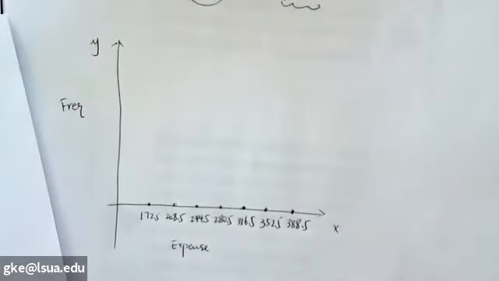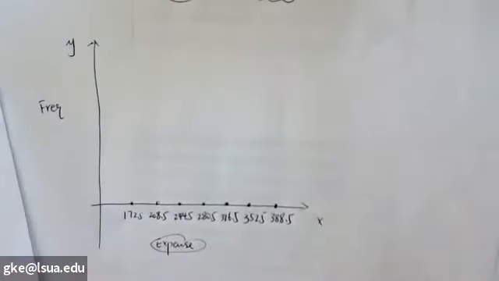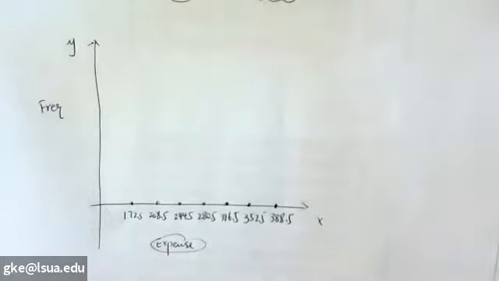That is from your textbook. So I just put the expense here, okay? If you want to check the details, you can check your textbook. I just copy it from your textbook. And because this data is all about the expense, I put expense here.